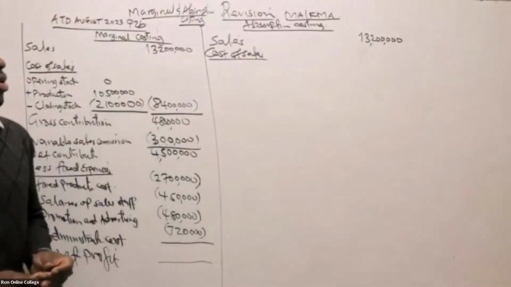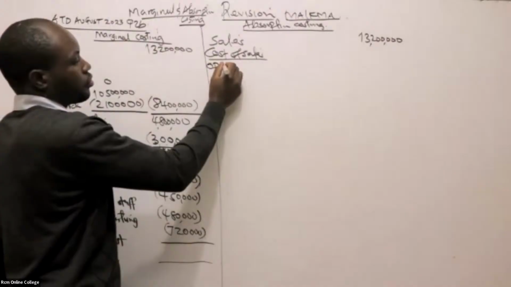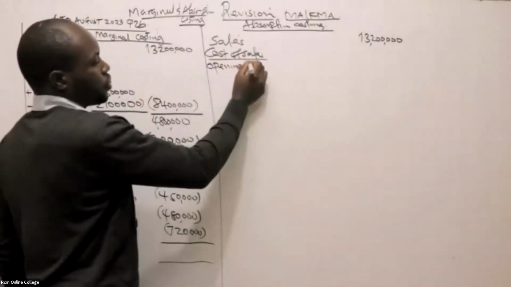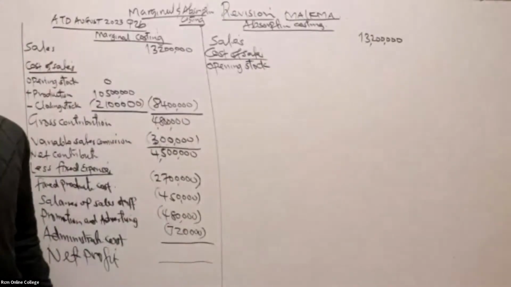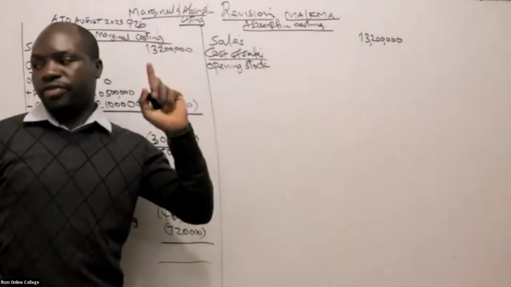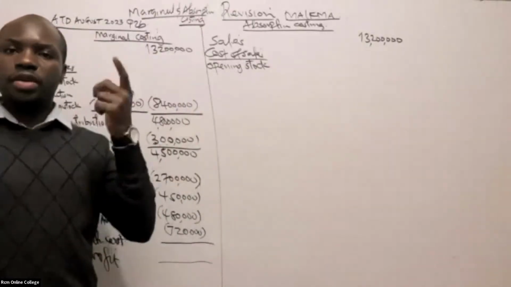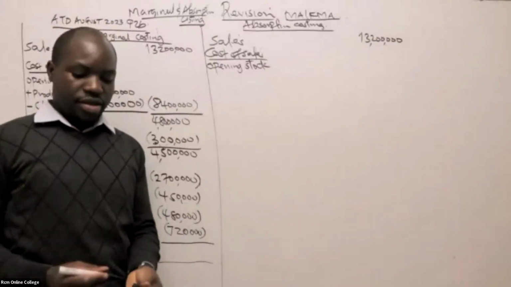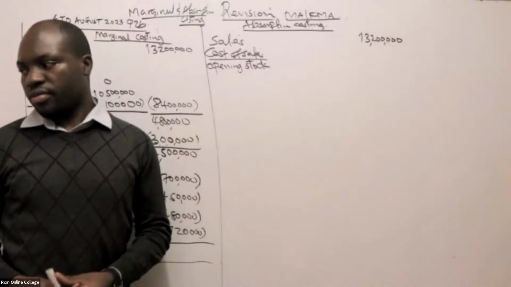So under cost of sales, let's bring in the opening stock. Our opening stock here is 0 units. If we had opening stock, we should have the cost per unit of the opening stock. If that is not given, what do we do? We use the production cost as the default cost of the opening stock.